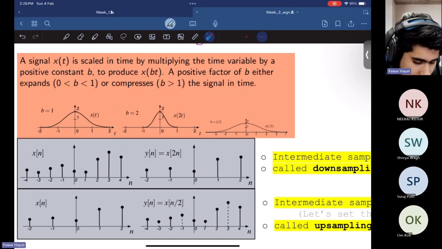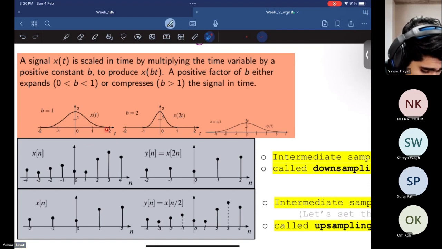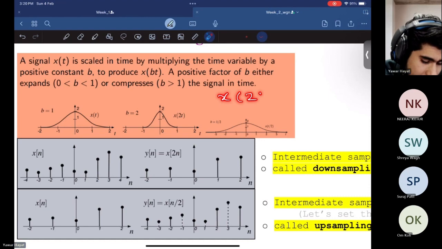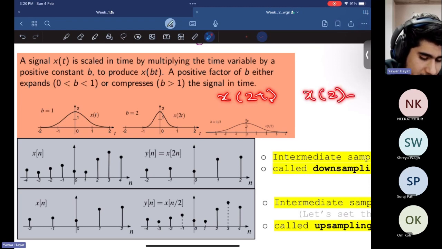If you are getting confused by this expansion and compression operation, you can do a quick sanity check. For example, this original signal was 0 at 2, right? So earlier x of 2 was 0. Now we have x of 2t, and we know that x of 2 would be 0.